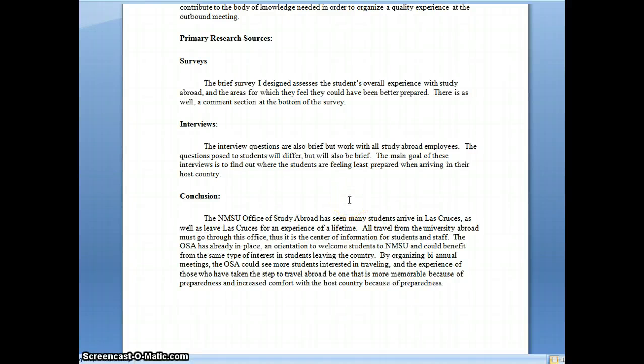Now once this audience and research memo is complete, the students actually carry out the research. They do the surveys, they do the interviews, they do the secondary research sources, which is what she actually did. She looked at what the 5 other universities were doing, and that is in preparation to write the final proposal.